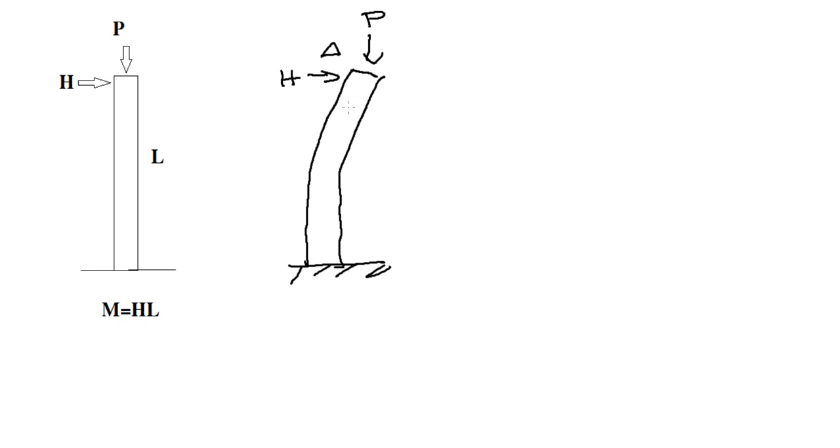Now, this delta displacement was not captured in our first scenario, but in reality, the displacement would be there at the tip. Now, this displacement has created a lever arm for this P load sitting at the tip. So the base moment this time would be H times L plus P times delta.